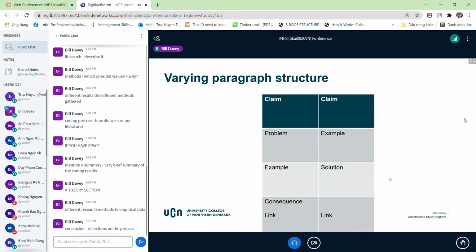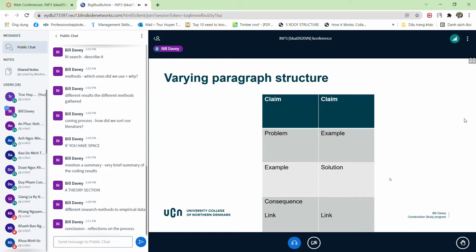So as soon as you change that main idea, you need to make a new paragraph. And it's as easy as that. So you have one idea, one paragraph. However, within the paragraph, there are maybe 8, maybe 10 sentences, and these sentences are not just sentences.